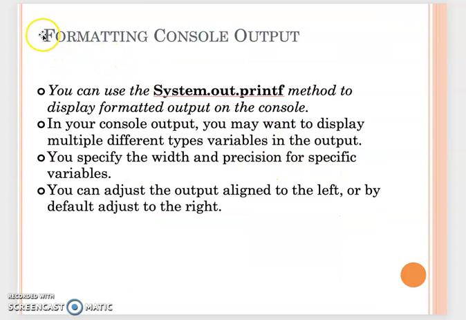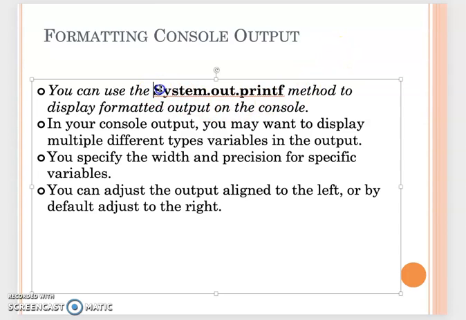So that's how I talk about formatting the console output. In Java, we're still using the system.out object. The method we want to use is called printf. You still display the output in the console, but f means I format the console output. When you call this method, it will display formatted output in the console.